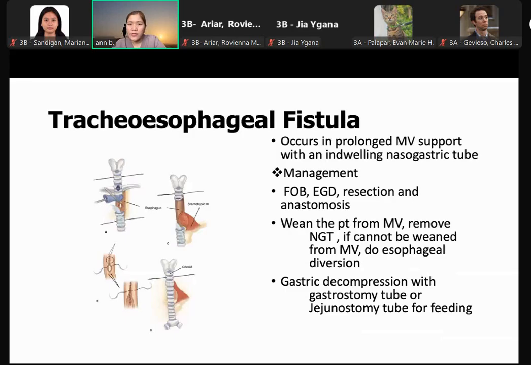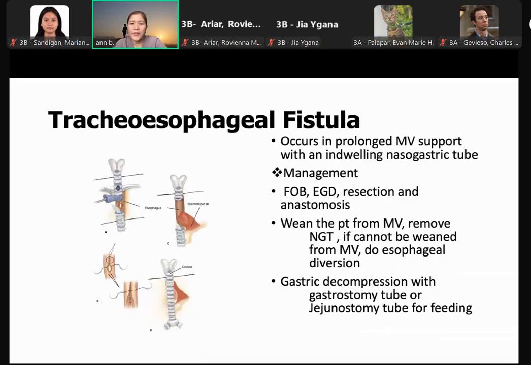We also have the tracheoesophageal fistula, which occurs in patients with prolonged mechanical support with an indwelling nasogastric tube, as I have said. Management is fiber optic bronchoscopy, and also EGD or endoscopy, then resection and anastomosis of the problematic area.